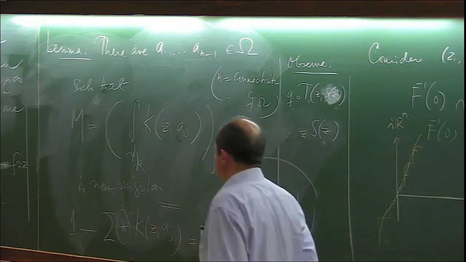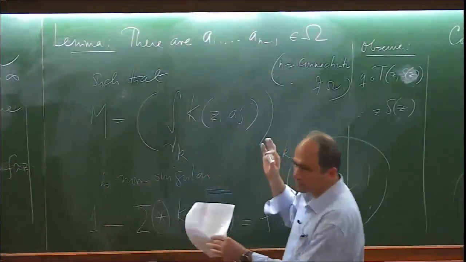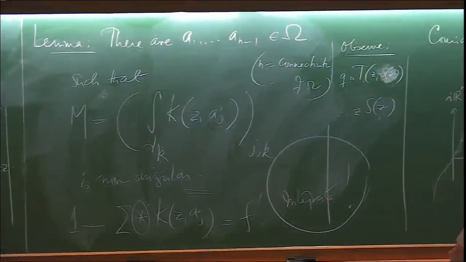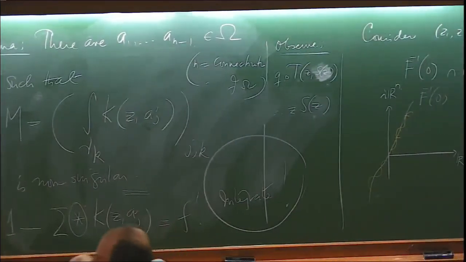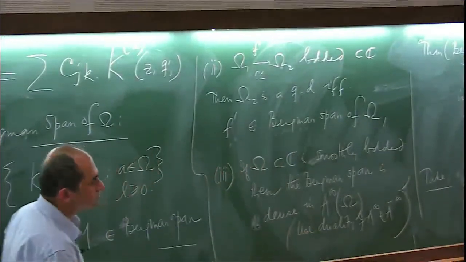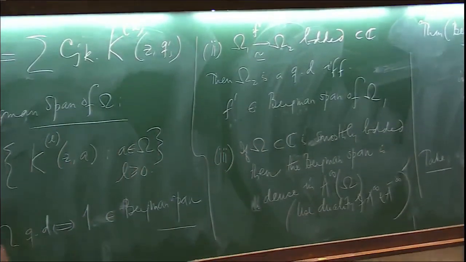So f is z minus a very small perturbation. And because you're close to the identity everywhere, all these things can be done up to the boundary because your boundary is smooth. So f is injective everywhere in the closure. This theorem applies. So this is the density argument.